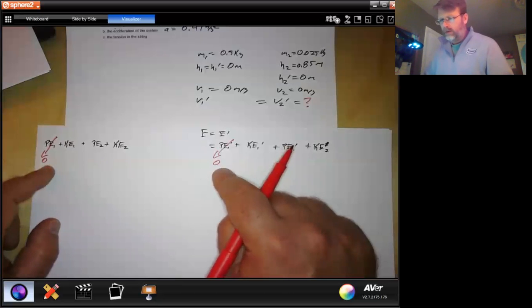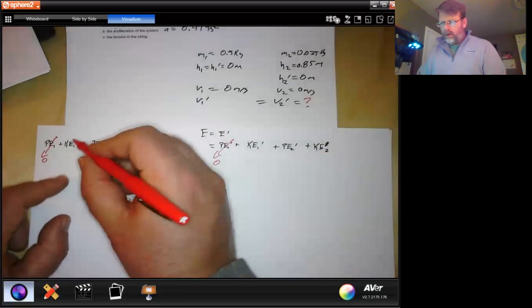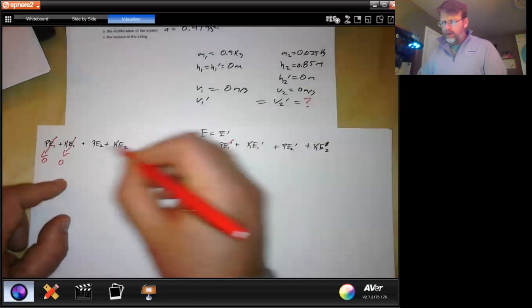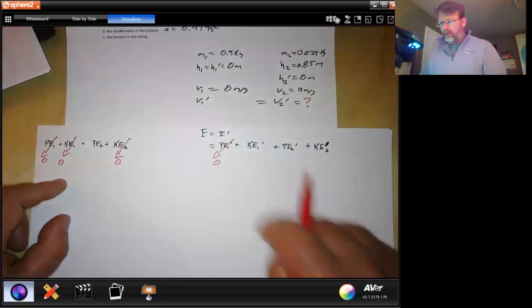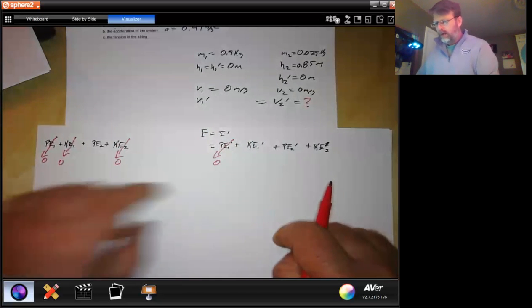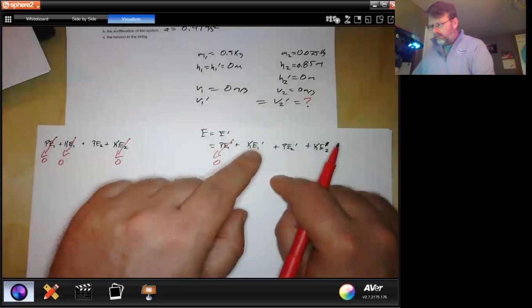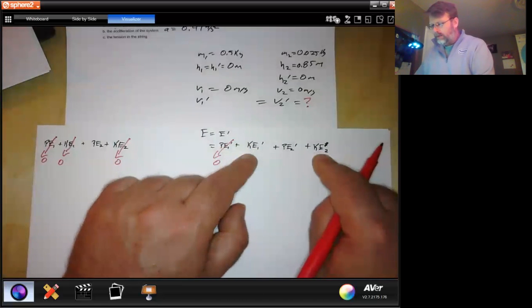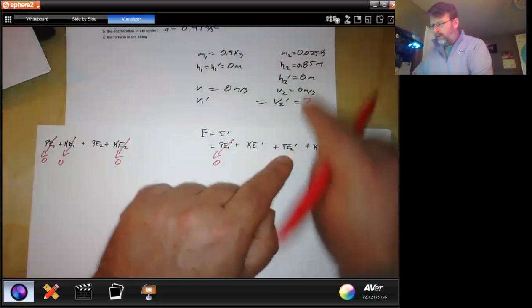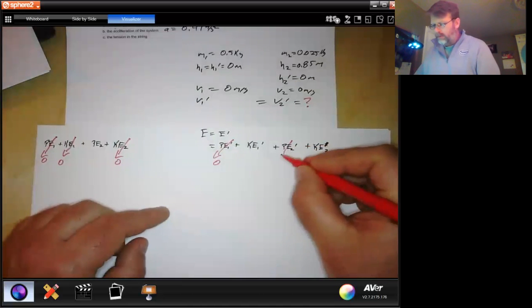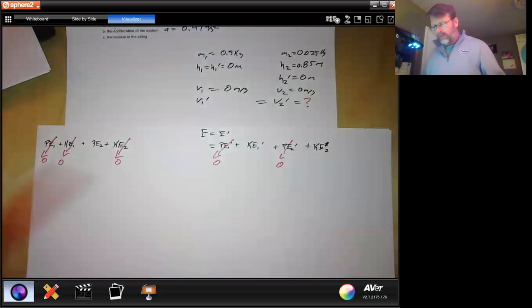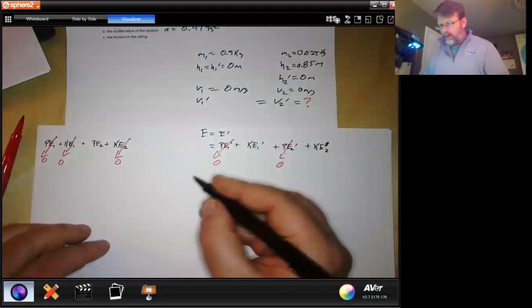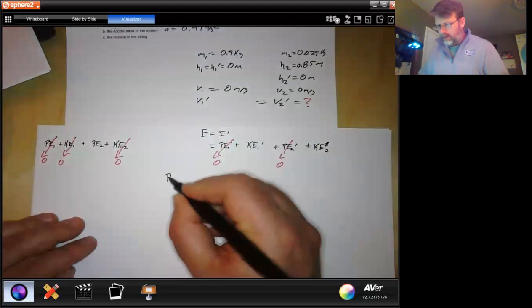We can call those 0. We know everything starts off at rest, so those are all 0. So we said these are not 0. This one ends on the ground, so this one is 0. Okay, so now we can simplify this.